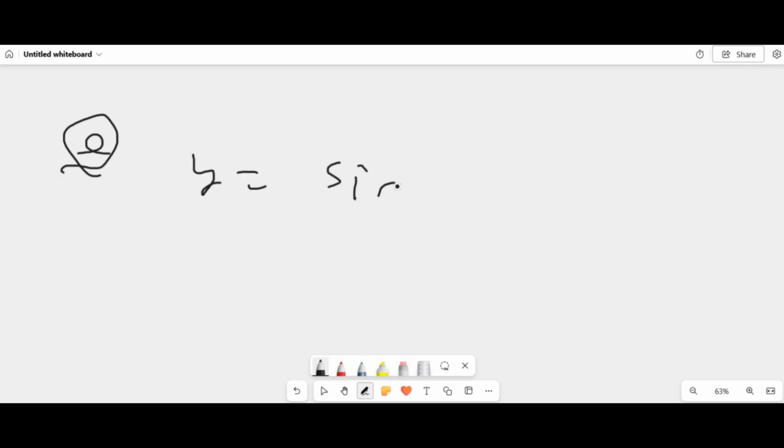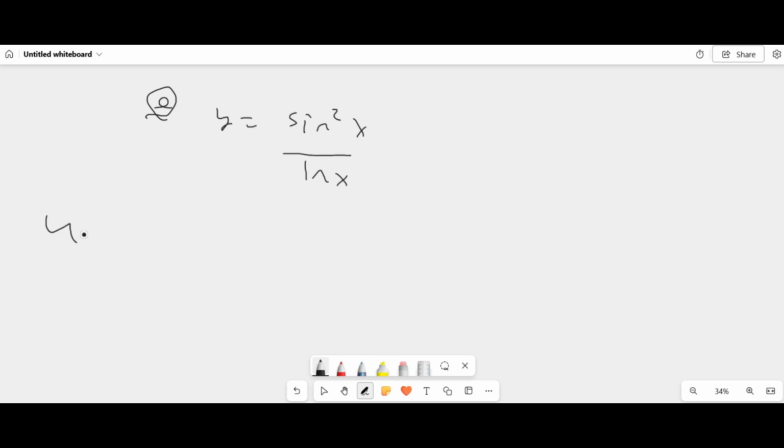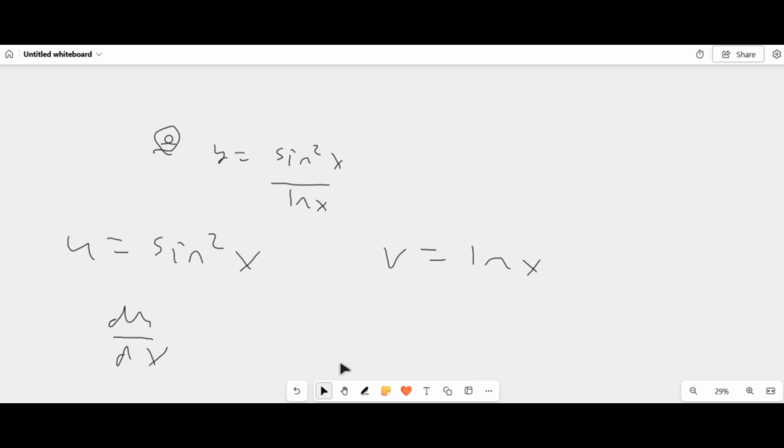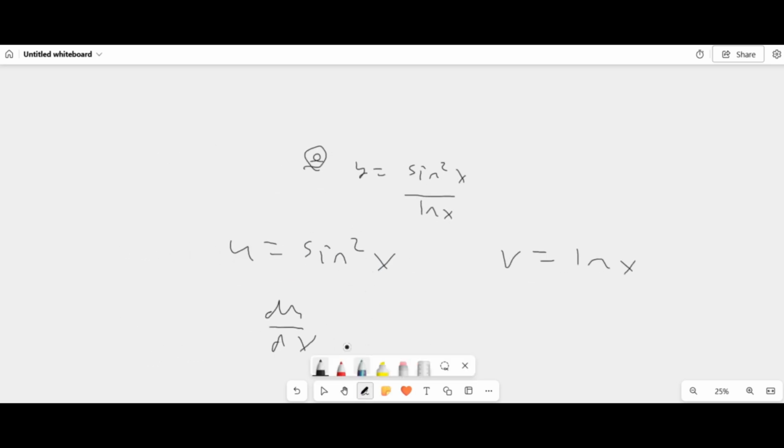Alright, question E. So y is equal to sine squared x over ln x. So you're just going to do u and v here. u is equal to sine squared x, v is equal to ln x. And then du, I'm going to differentiate that. If you don't know how to differentiate this, you can make it a chain rule situation.